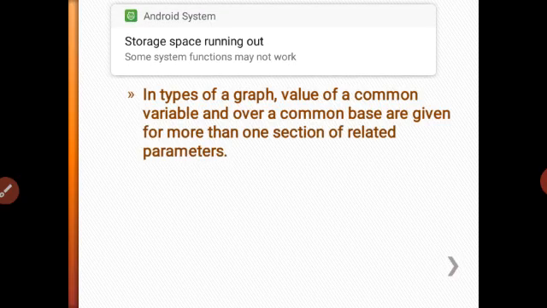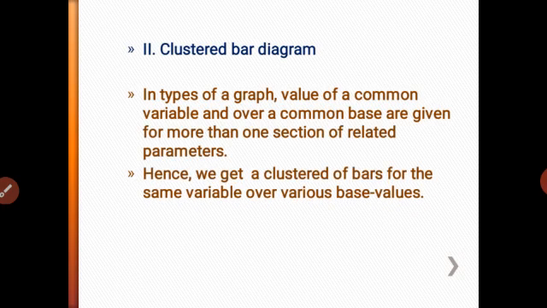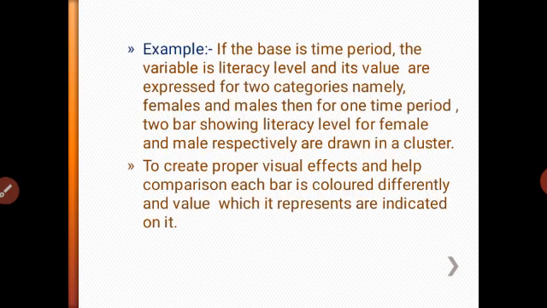That means in these types of diagram, different bars are available in each section. Hence we get cluster bars for the same variable over the various base values. It means more than one bar is available in each section.